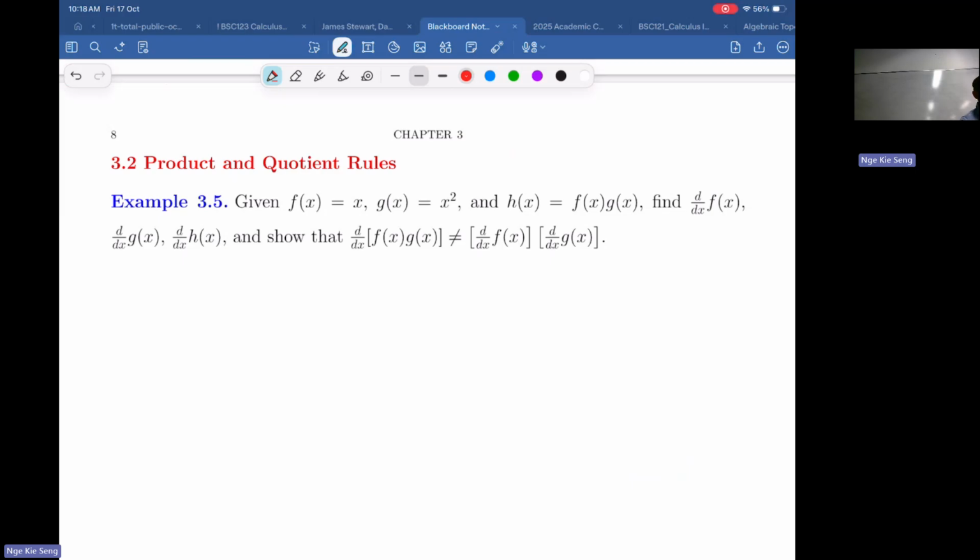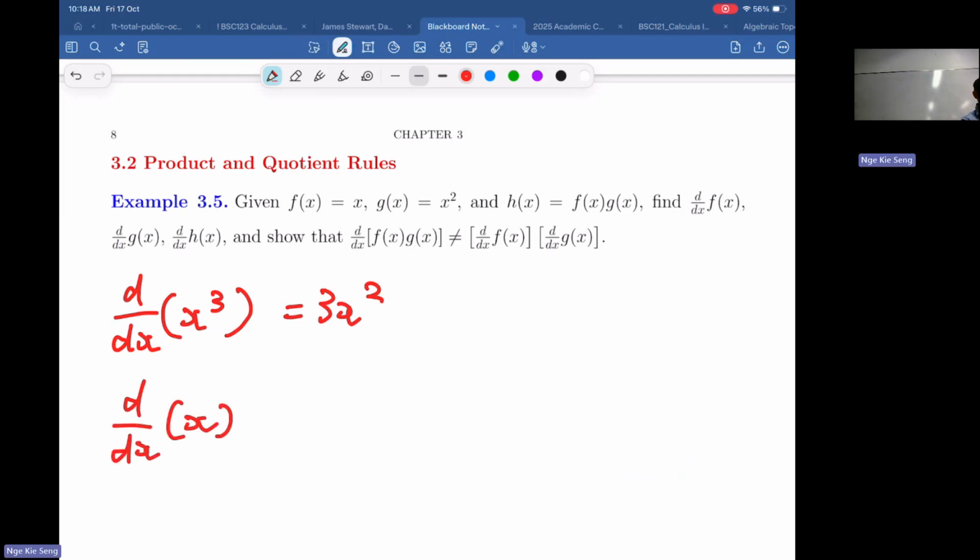On one side, you get the derivative of x cubed, which is 3x squared. But on the other side, d over dx of x times d over dx of x squared is 1 times 2x, which is 2x. Much less.